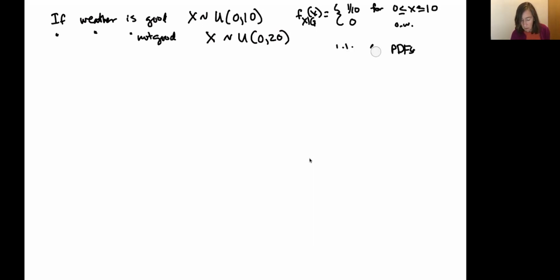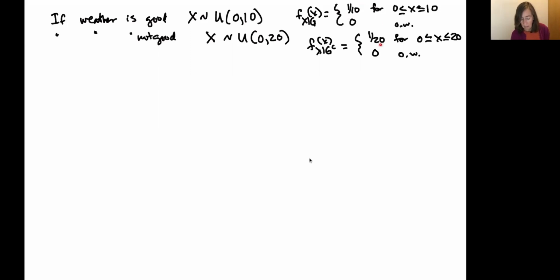I'm going to erase what I wrote, because I want to use that space to write down the PDF of X conditional on bad weather. Still a function of X, it takes value 1/20 for X between 0 and 20, and 0 otherwise.